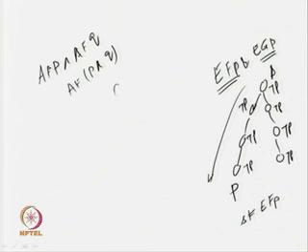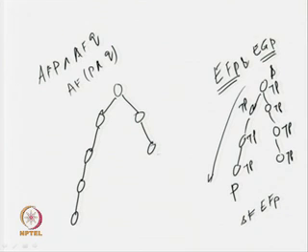Now, you just see that I can look for any model, whether these two things are true or not, I am going to check. Say that P is true over here, Q is true over here, say Q is true over here, P is true over here. Then what will happen?